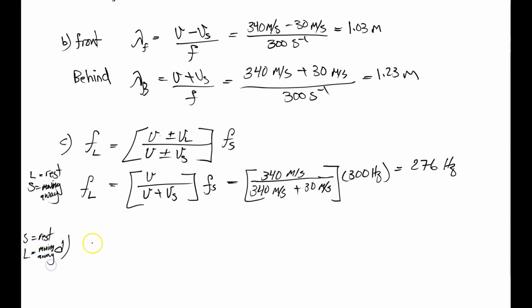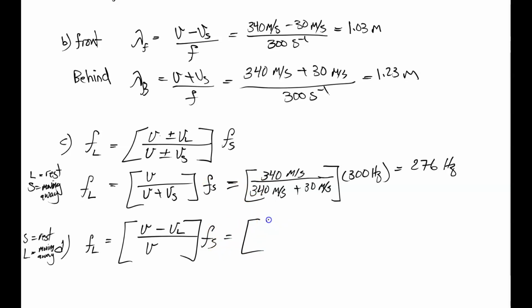So the observed frequency or listened frequency would be V. Now because the listener is moving away, that's going to also cause a downshift, which means a negative V sub L over V times F sub S. So notice there's a difference for a shift down, whether it's the source or a listener. Depends on what makes the frequency bigger or higher, depending on the case.